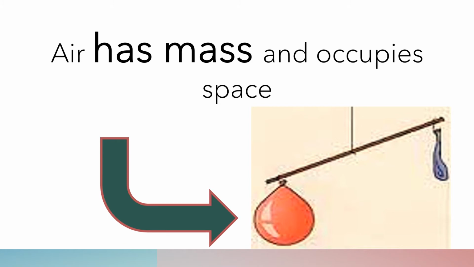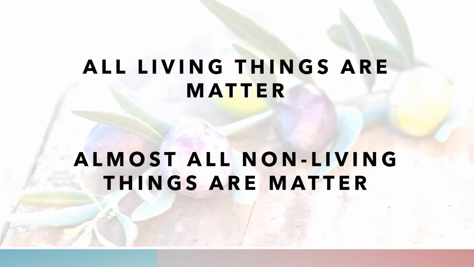All the three, solid, liquid, and gas, have mass and occupy space, so they are all matter. So as the conclusion, all living things are matter and almost all non-living things are matter.